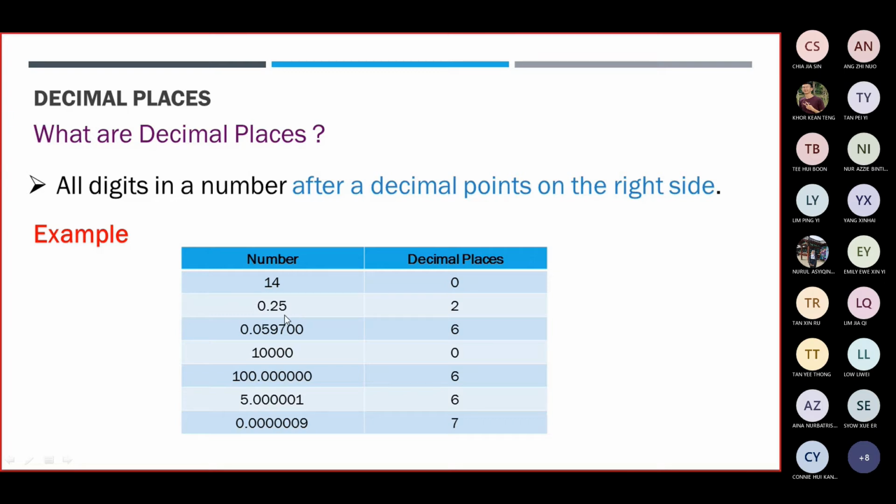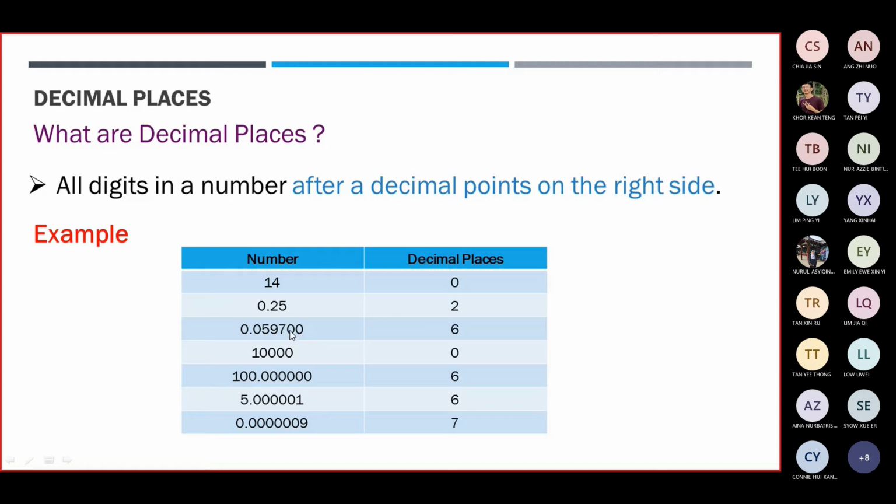Now look at example 3, 0.059700. As I said earlier, whatever comes after the dot point, we count as decimal numbers. So the decimal numbers here are 1, 2, 3, 4, 5, 6.